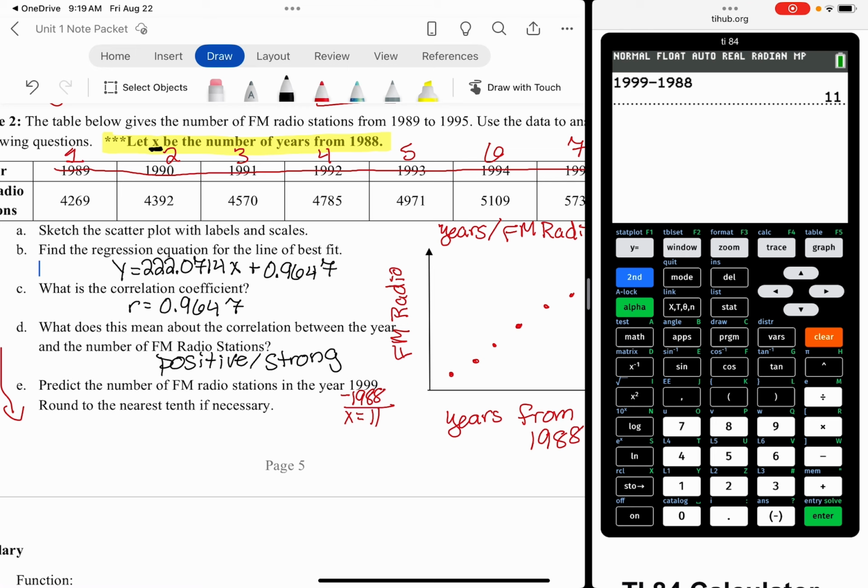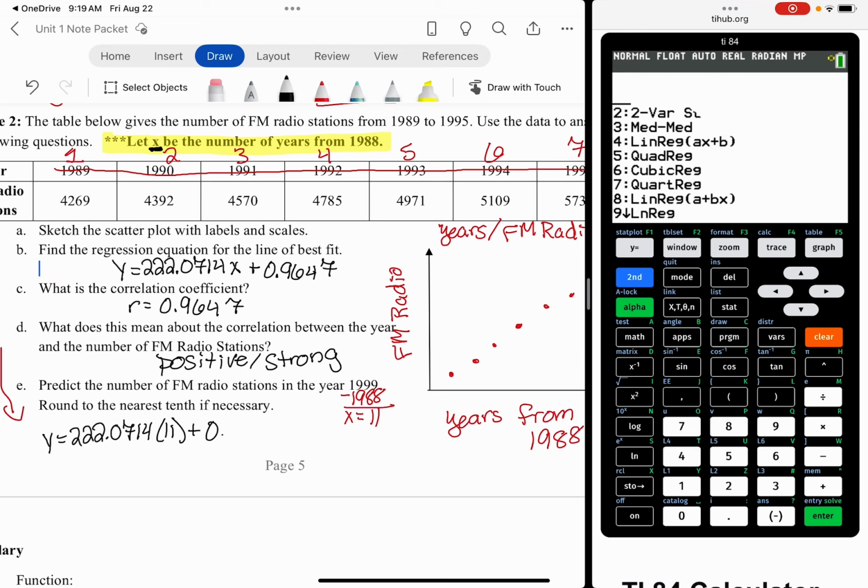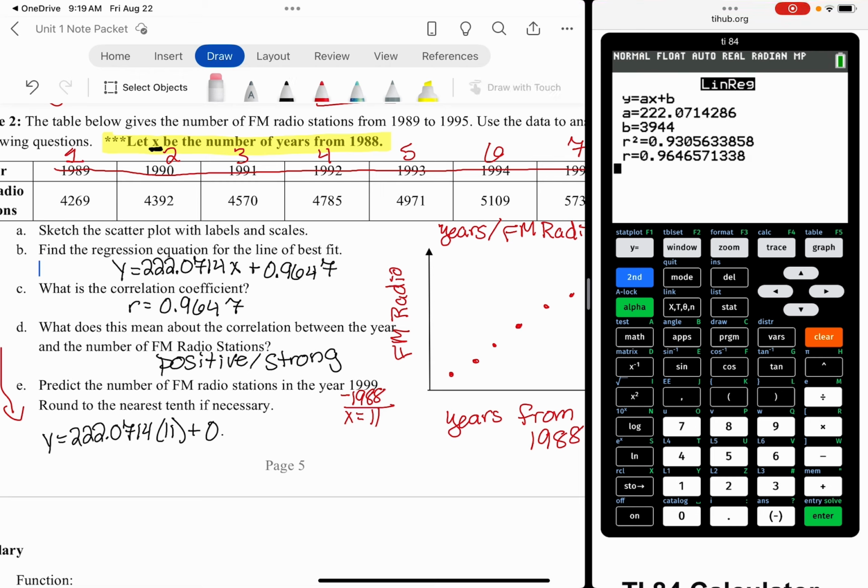Oops, there we go. So you're going to put y equals 222.0714 times 11 plus 0. Uh-oh, I wrote down the wrong b value. I am so sorry. Hopefully you caught that. Sorry, our b value is not this number. That was our R value. B is going to be 3,944.